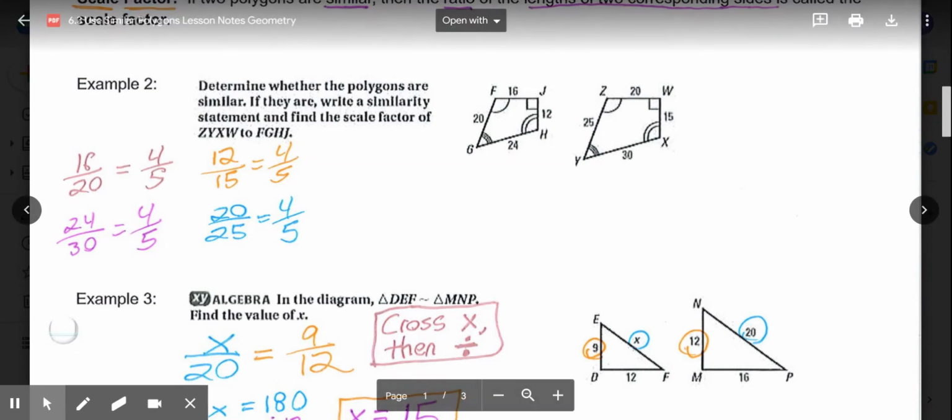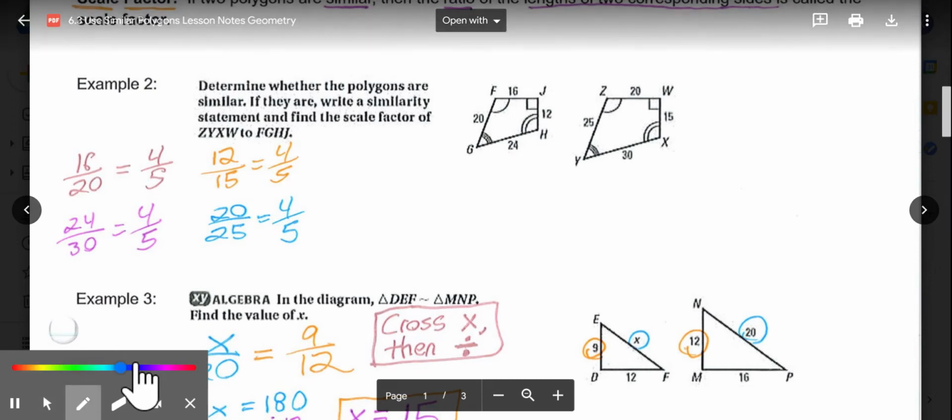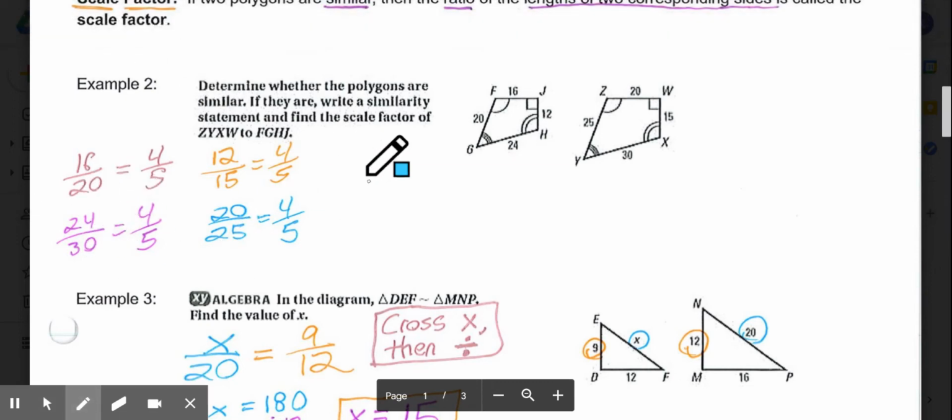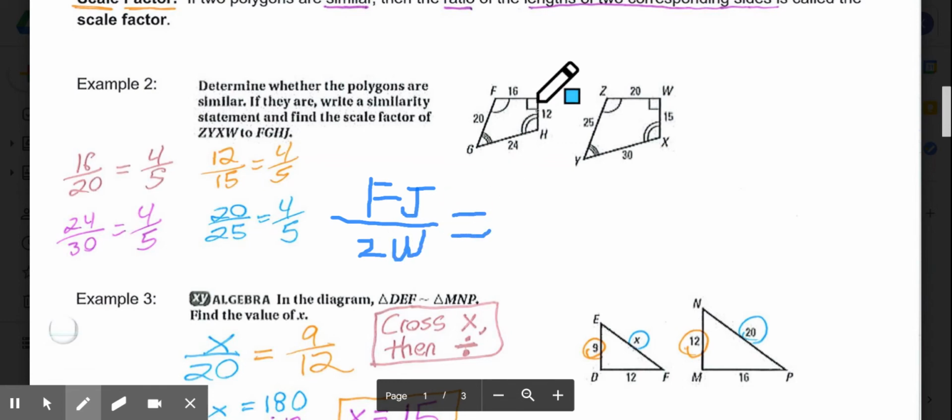Now our similarity statement would be taking what we already did over here and just writing it out. So, for example, we could start with FJ over ZW. Then you can pick the next side that you did off the left shape.